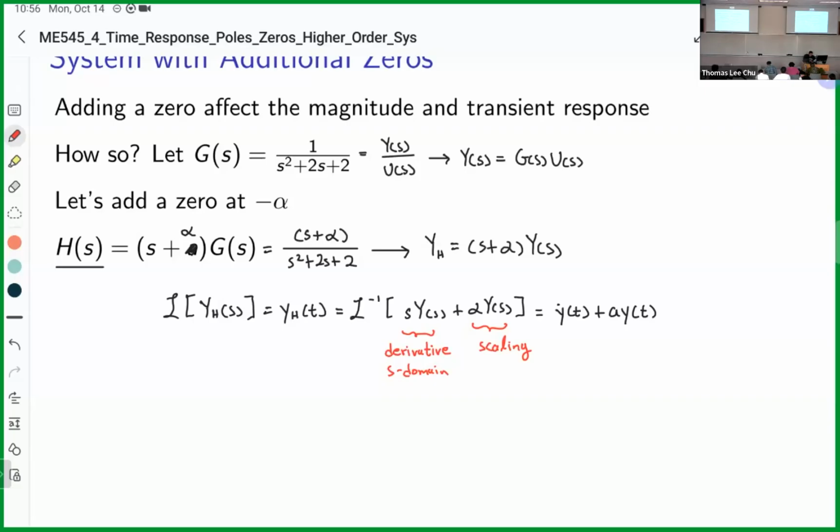So then we just get alpha Y. Sorry, this should be alpha. In my notes, I have A.